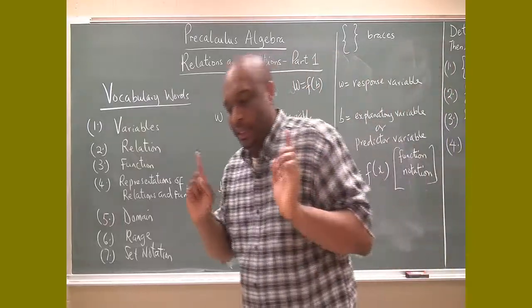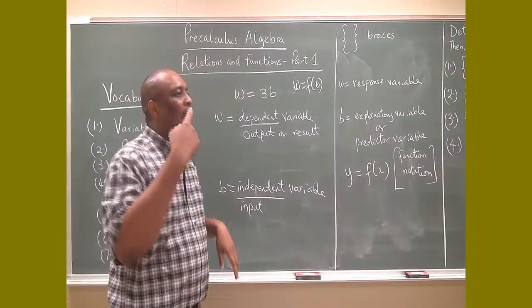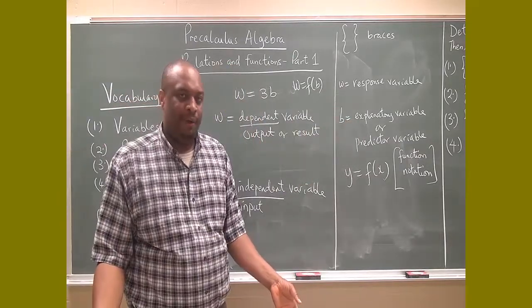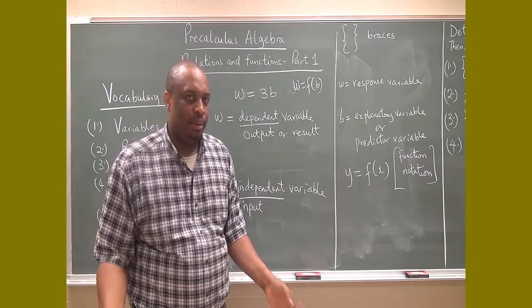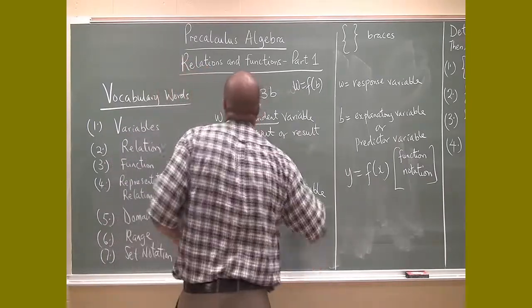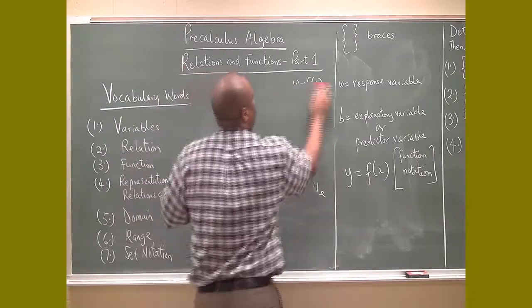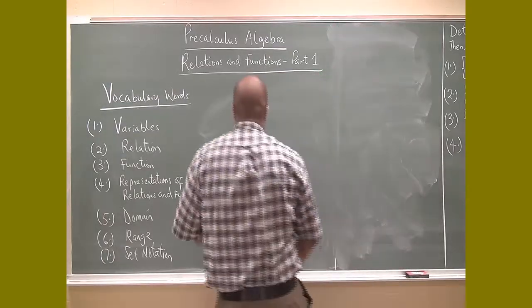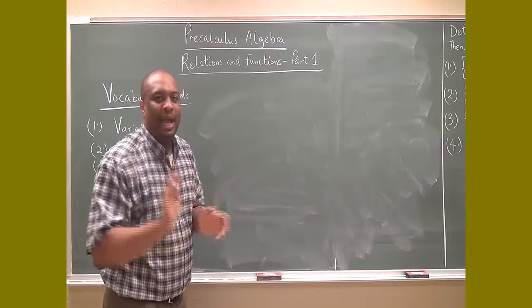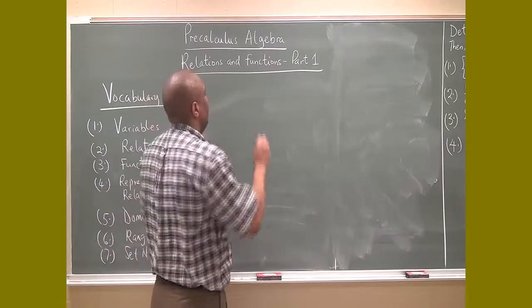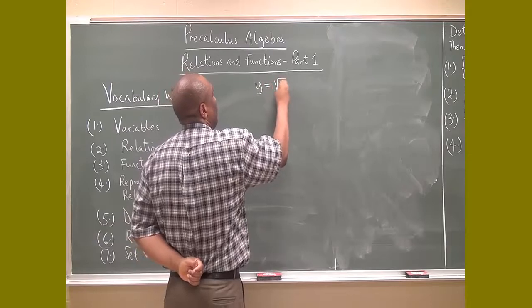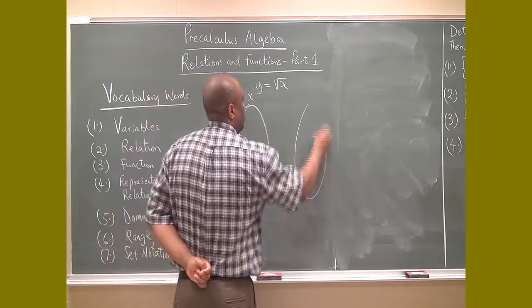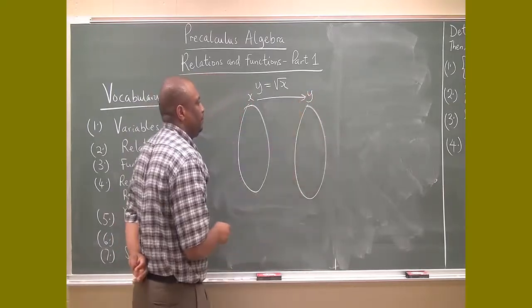What does this mean? It means that no input can have two different outputs. Let me explain this, for instance. Assuming I have this relation, y equal to square root of x. Let's map x onto y.